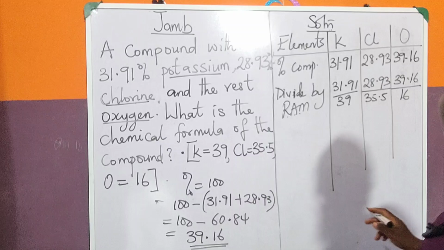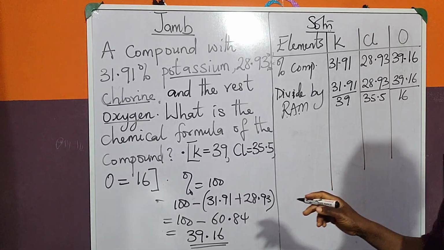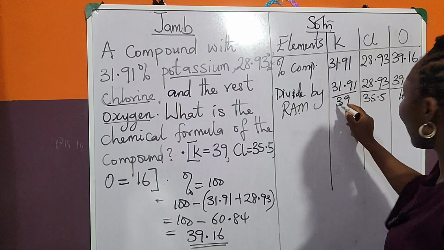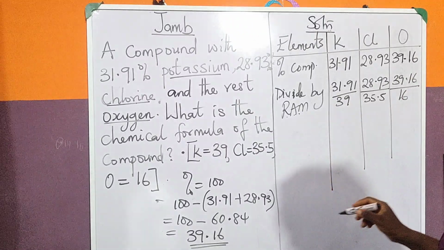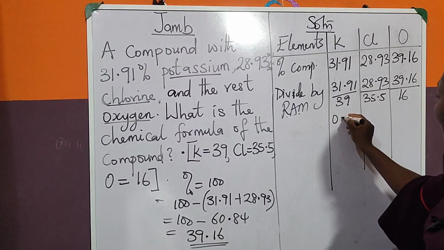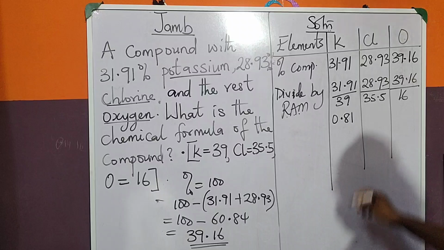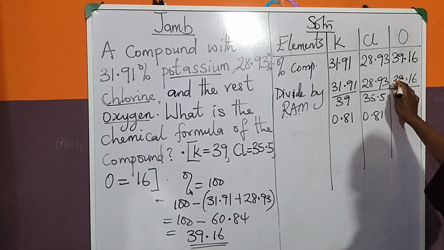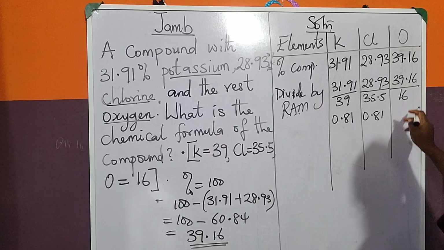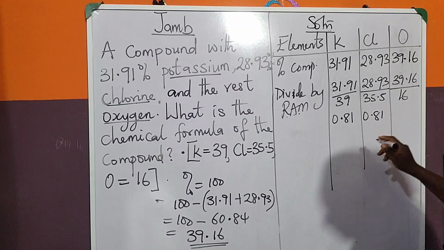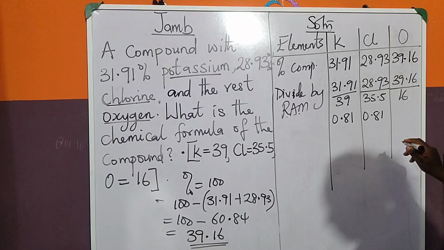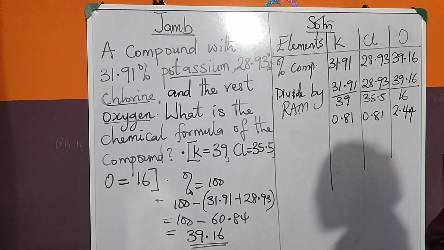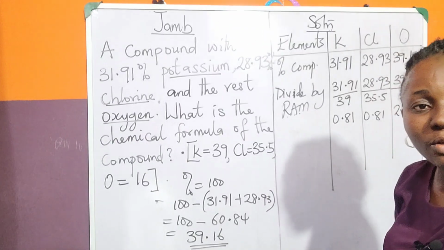Dividing 31.91 by 39, I will have 0.81. Dividing 39.16 by 16, I will have 2.44.